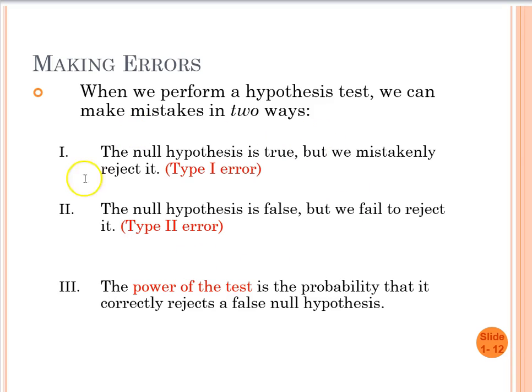So again, these are the definitions of type 1 and type 2 error. They're going to be used in this exam and in the next exam because we're running a bunch of different hypothesis tests based on different parameters. So you may want to write these down for quicker reference because you're going to see them again.